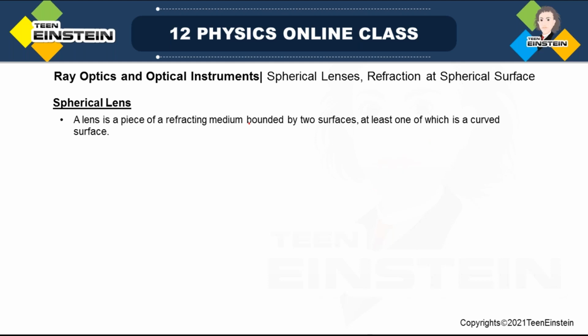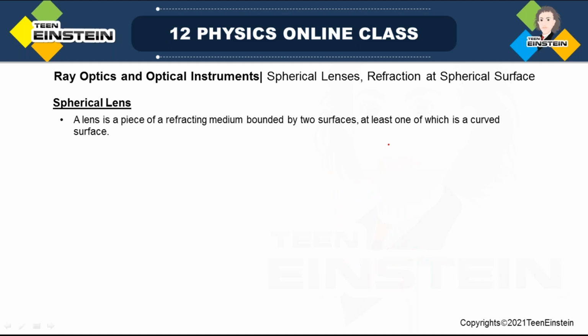Okay. So what is the property we are going to study with the lens? That is refraction. And we have learned what is refraction. Refraction is bending of light when it passes from one medium to another medium.